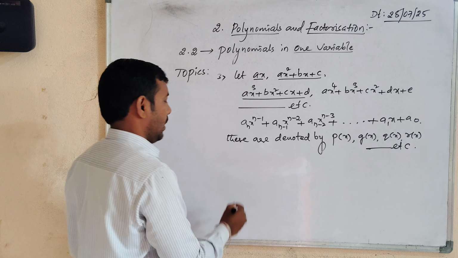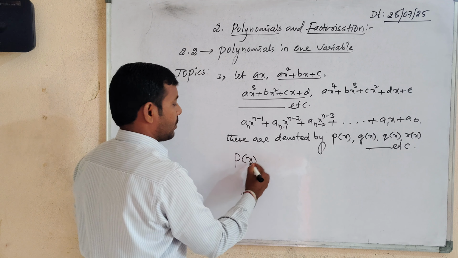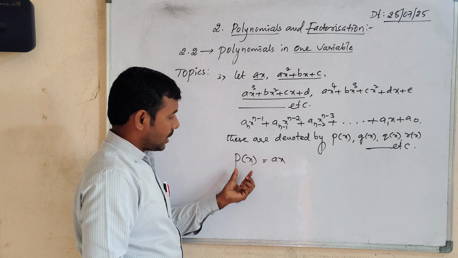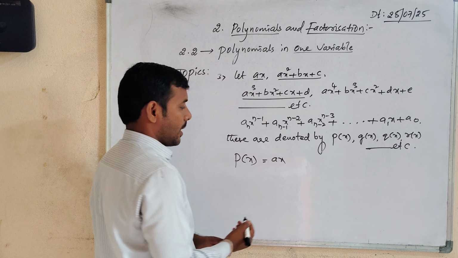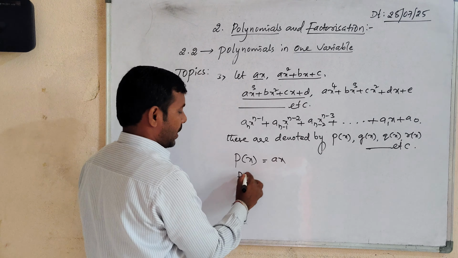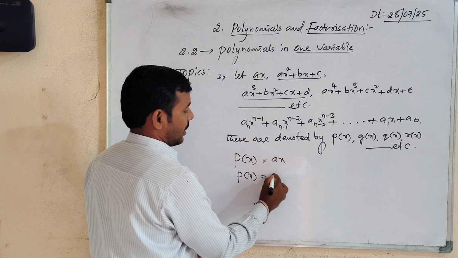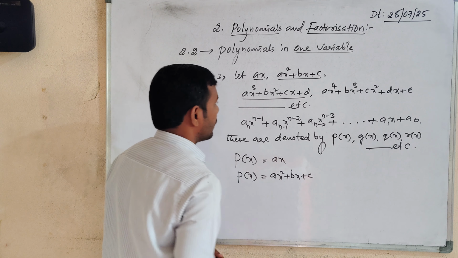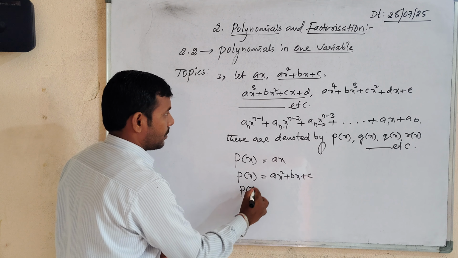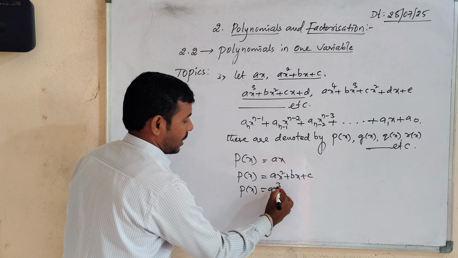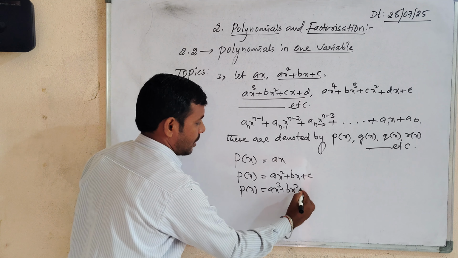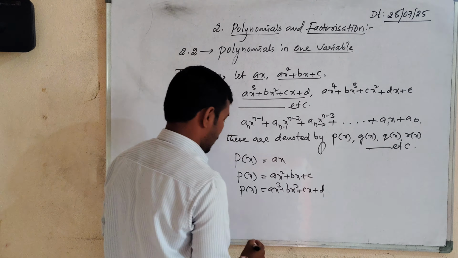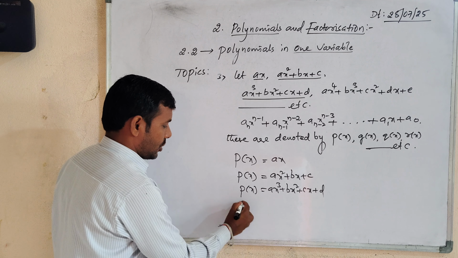For example, now P of x is equal to Ax. See, polynomials are denoted with P of x. And one more, P of x is equal to Ax square plus Bx plus C. Now P of x is equal to Ax power 3 plus Bx square plus Cx plus D. Again, sometimes we can take G of x also.